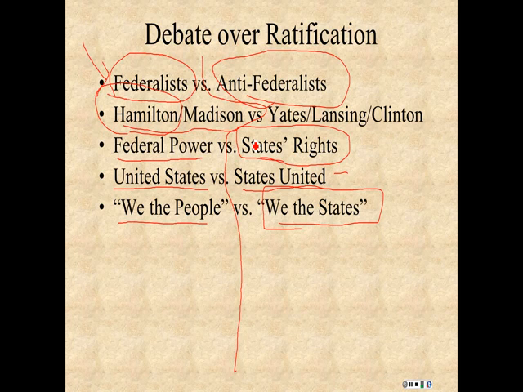Look at New York, 34-27 against. That's 3 votes. Look at Massachusetts, 187 for, 168 against. The nation is divided over whether we should create this new Constitution or not.